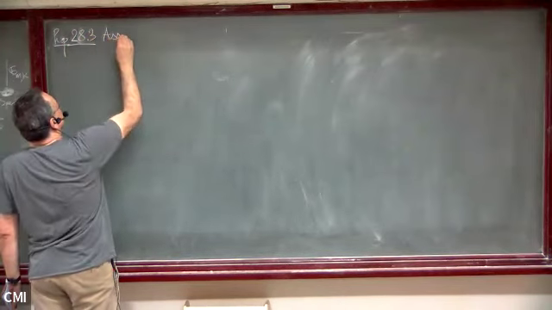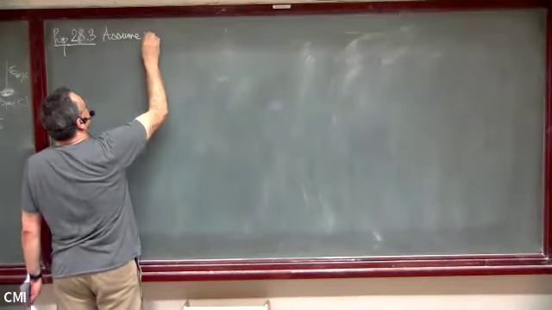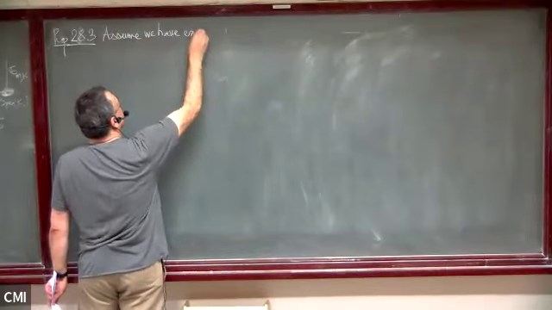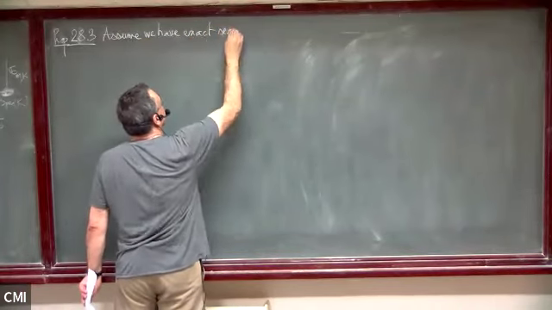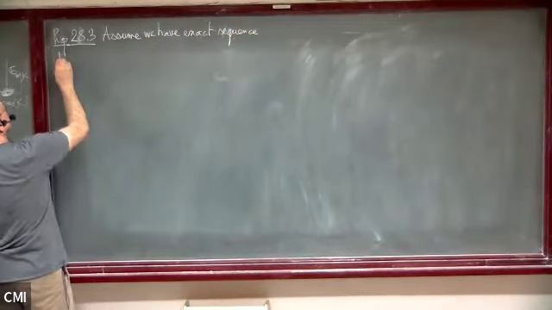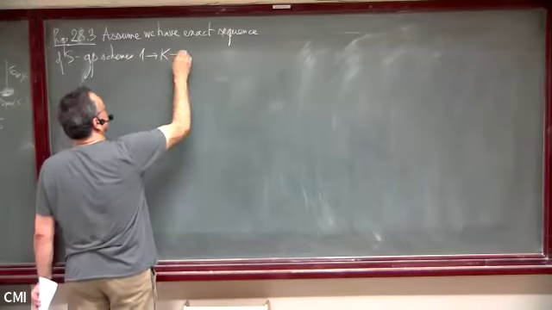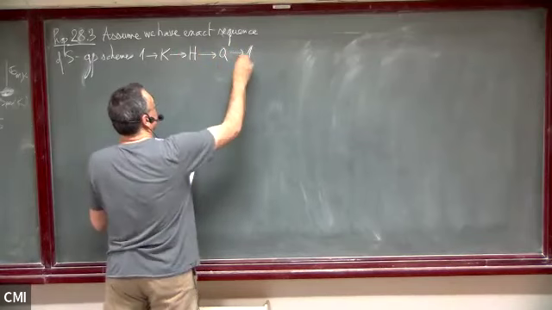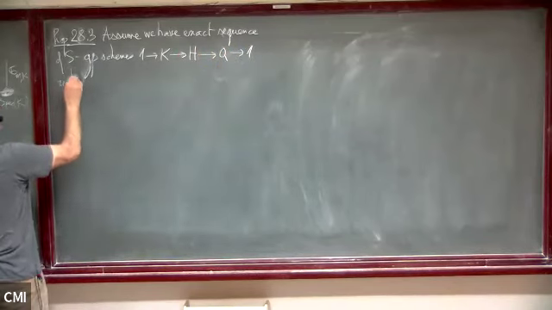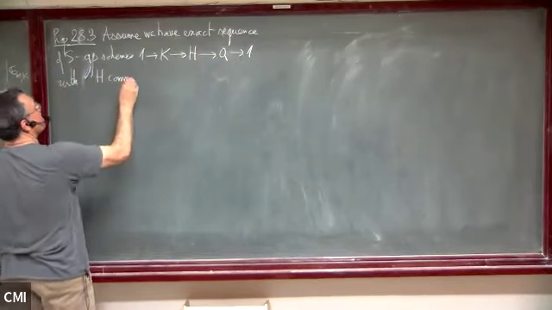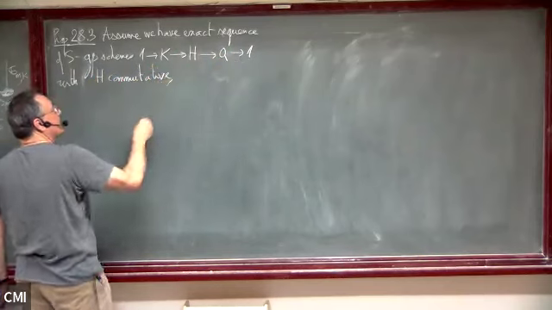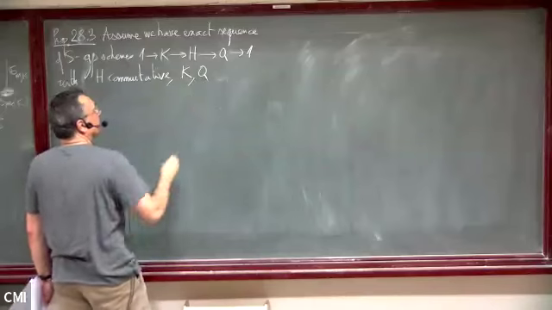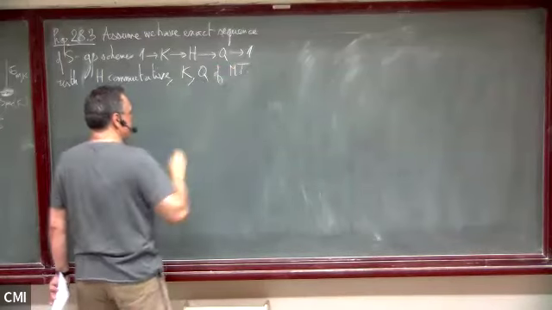Okay, so assume we have an exact sequence of S-group schemes, K lying inside H and going to Q, going to 1, with H commutative and the kernel K and Q of multiplicative type.